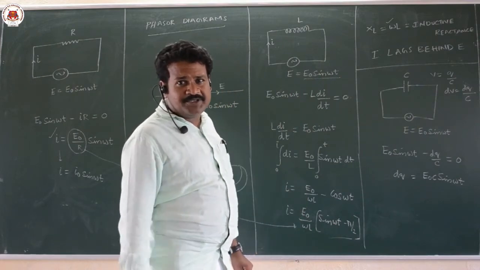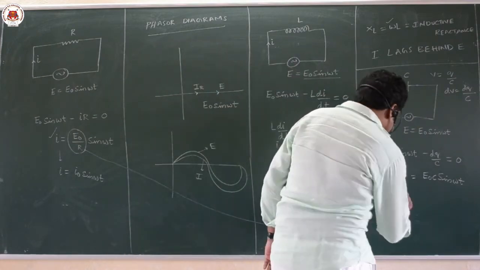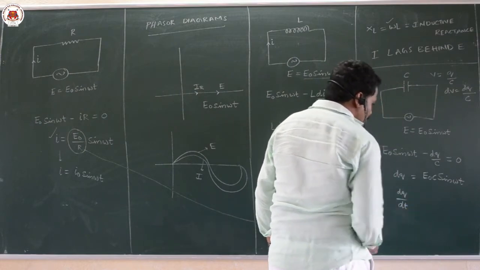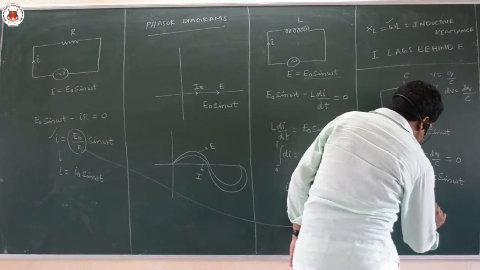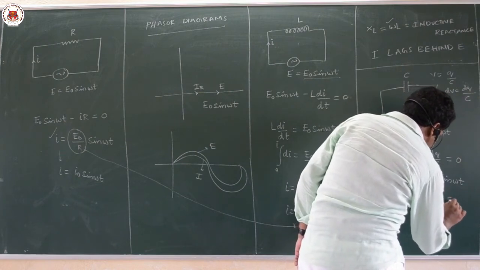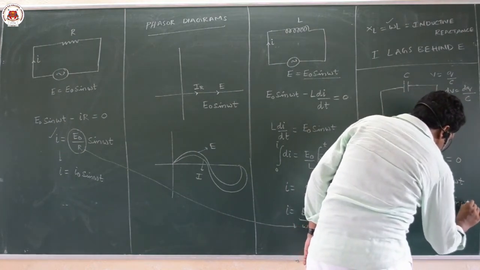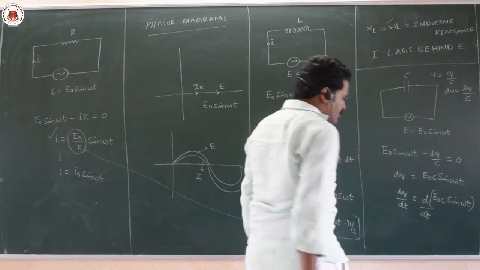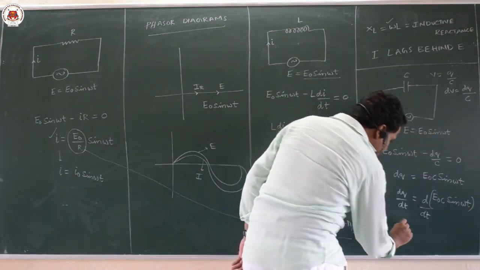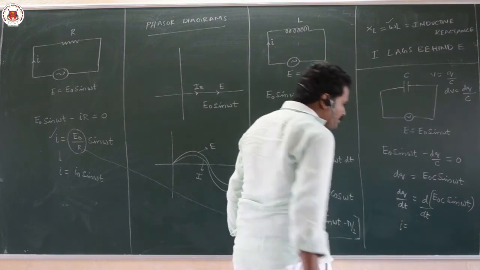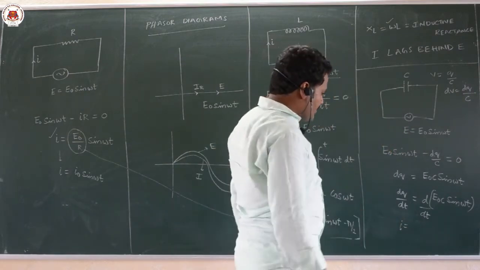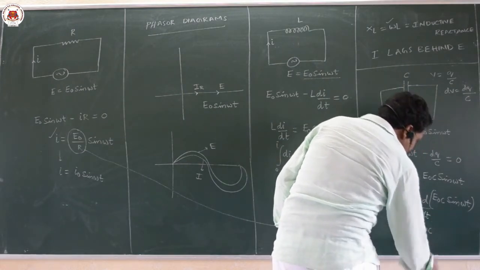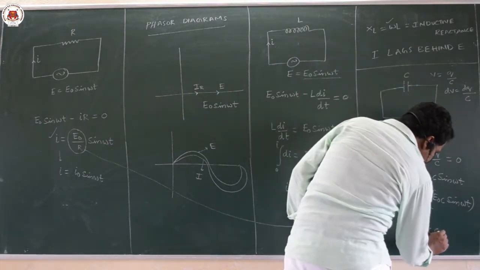Current is dQ by dt, which is d of E naught C sin omega t by dt. If you solve this, you will get the current. When charge is varying, current is equal to dQ by dt. Therefore, you will get E naught omega C cos omega t.